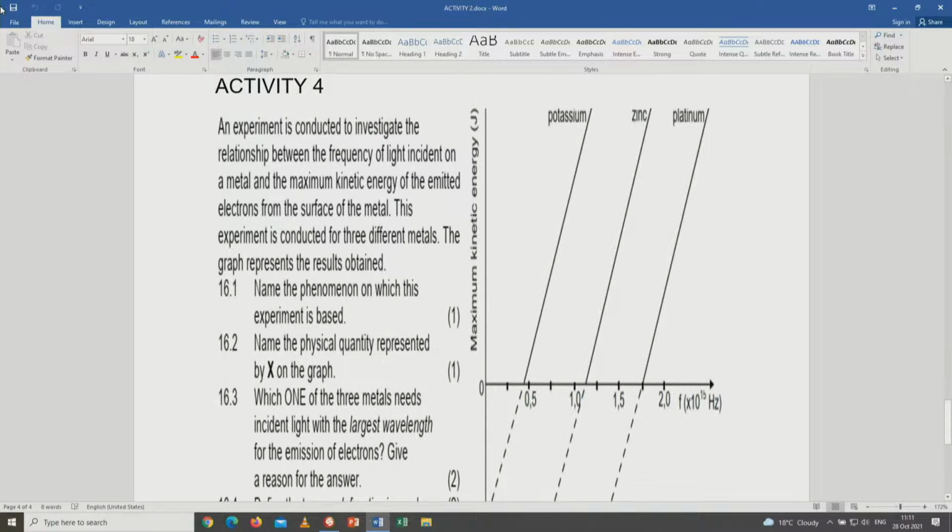Platinum, what do we have for platinum? For platinum, we have the threshold frequency. The threshold frequency of platinum will be between 1.5 and 1.7, between 1.5 and 2. That will be 1,75, but then we times this by 15, and this gives us 1,75 times 10 to the power 15 hertz.